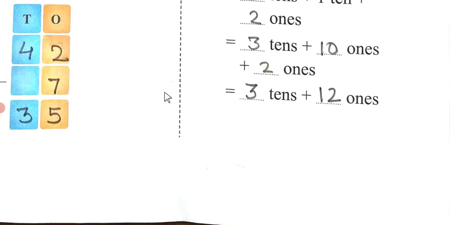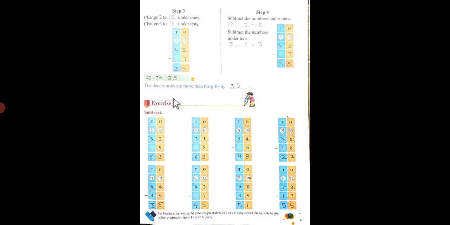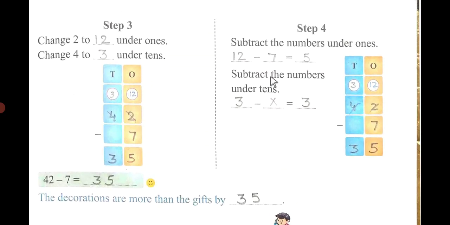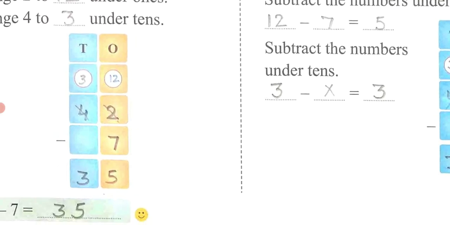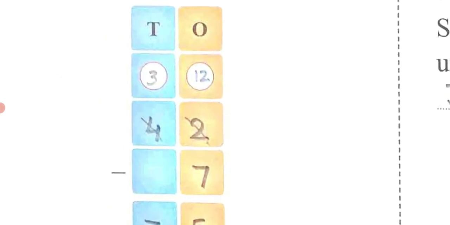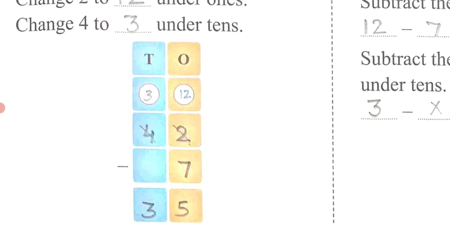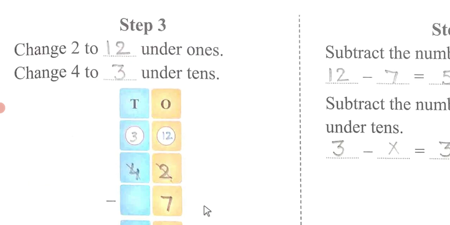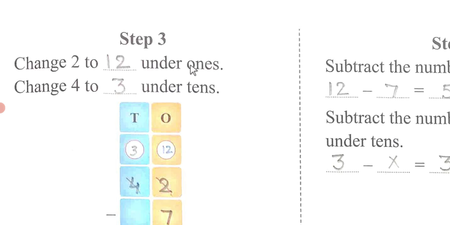Step number 3. Change 2 into 12 under ones. Change 4 into 3 under tens.